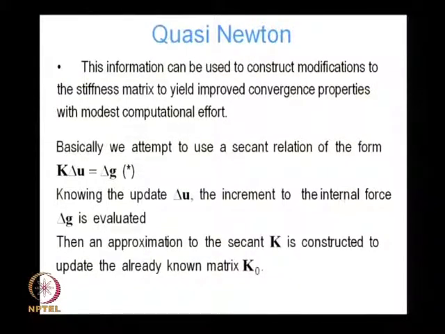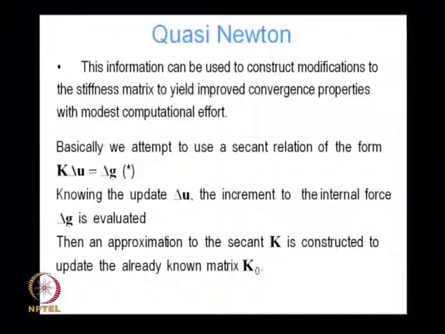Quasi-Newton keeps the old tangent and then tries to make small stepwise modifications to that old tangent using the updated information of my structural response, which is given by the updated internal force, right. This information can be used to construct modifications to the tangent stiffness to yield improved convergence properties with modest computational effort.